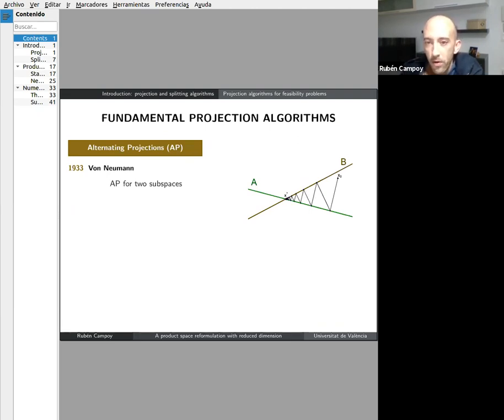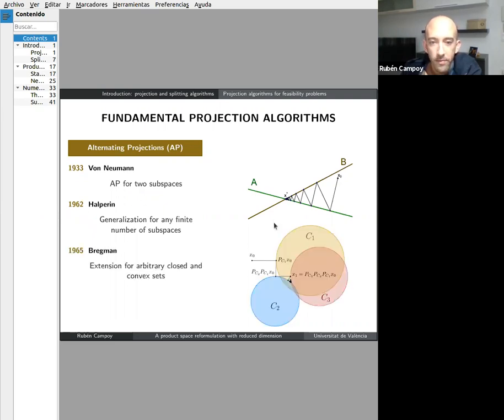So we converge to a point in the intersection. The result was generalized for an arbitrary number of subspaces, not necessarily 2, in 1962 by Halperin. And finally, the algorithm still works for arbitrary convex sets in the same scheme. It was done in 1965 by Bregman.